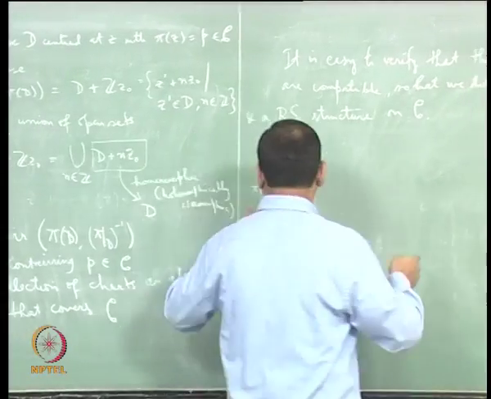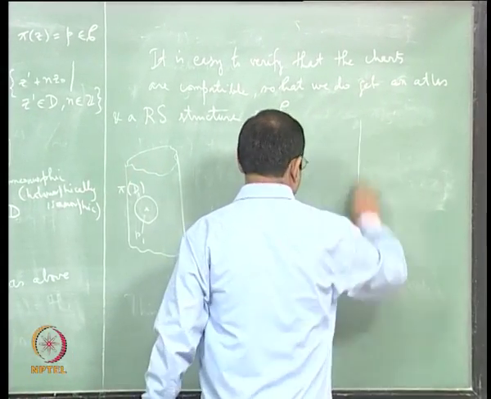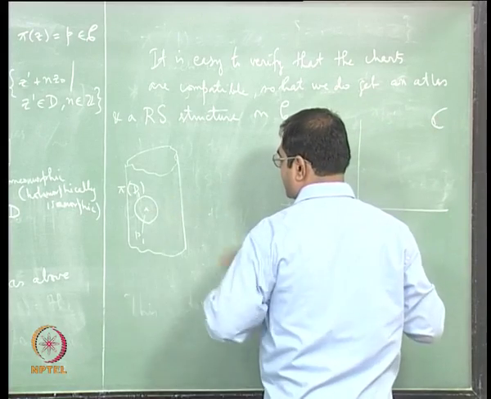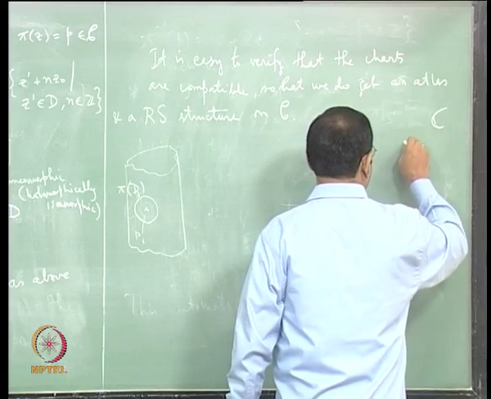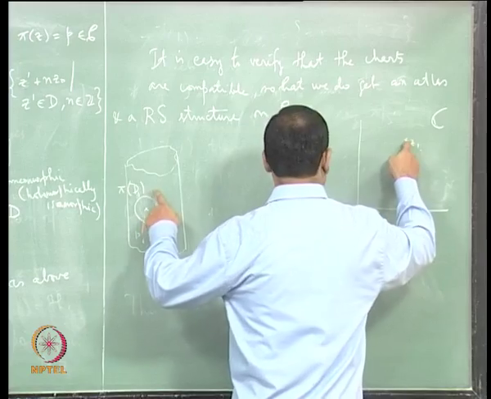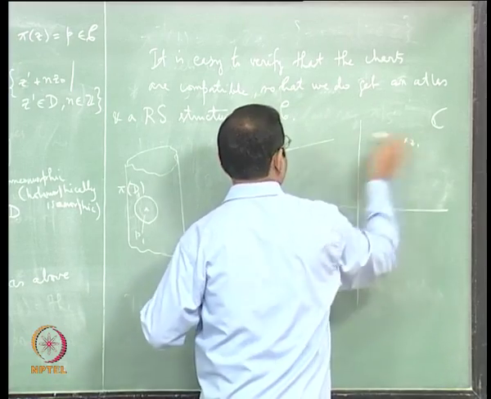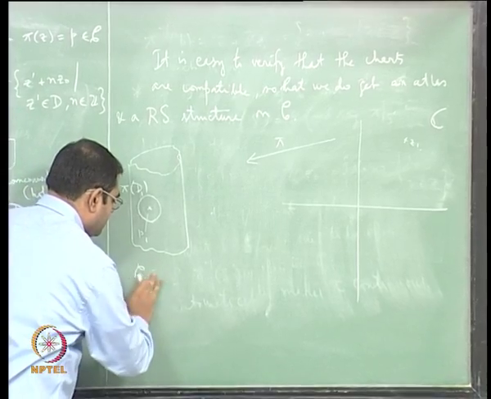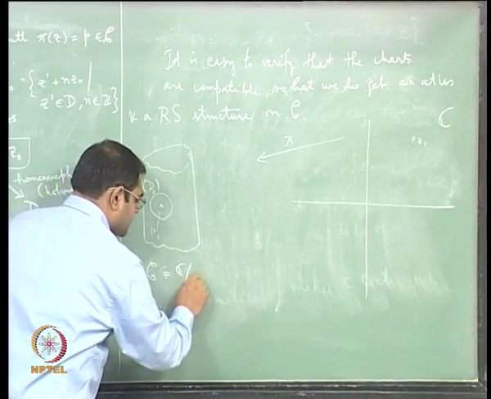So what I've done is, here is my complex plane, and I have chosen a point Z1, which is being mapped by this map pi, and this is a cylinder which is identified with the set of equivalence classes.